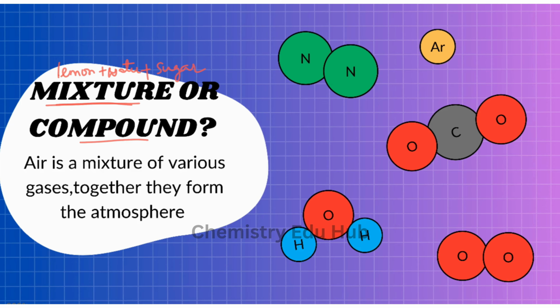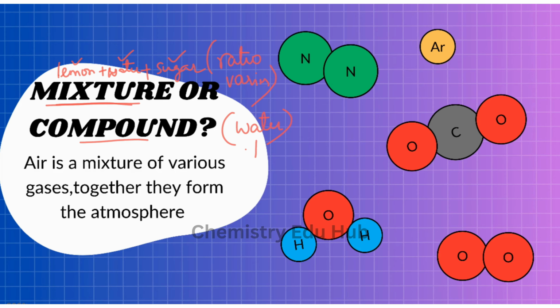That means you can add any amount of lemon to any amount of water to any amount of sugar. The ratio varies. The ratio is not fixed. But in the case of a compound, take water as an example.